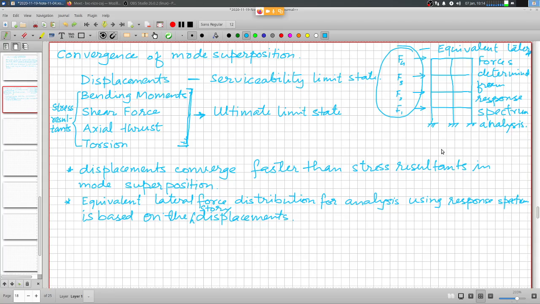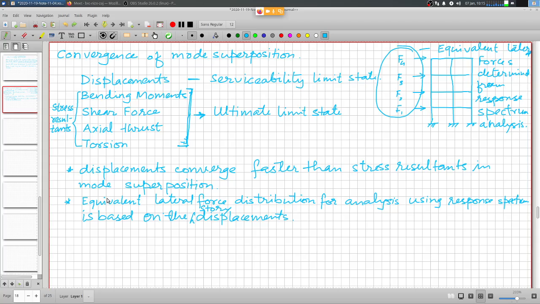Right, now there are two things here. Response spectrum analysis is based on this: we first estimate the displacements, and from the displacements we find out the spectral accelerations, and then the story shears, and from there we compute these lateral forces.